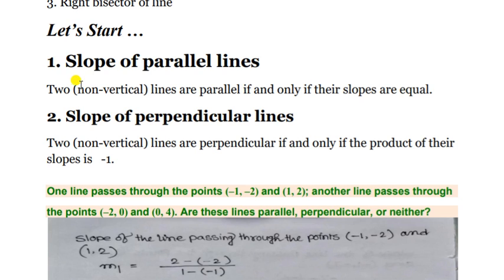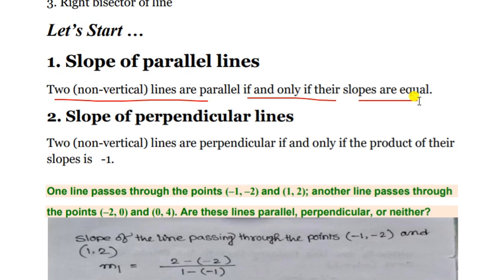Two lines are parallel if and only if their slopes are equal. When the slopes of the two given lines are equal, then only can we say these two lines are parallel.